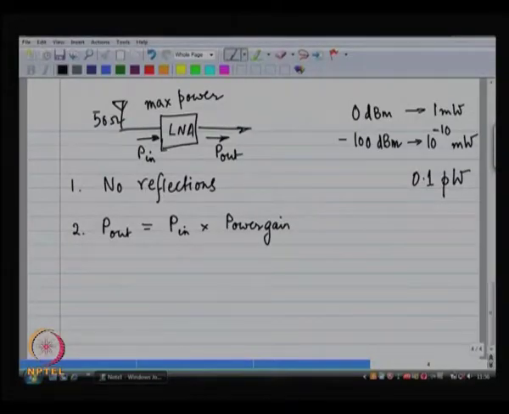We are talking about extremely low power levels over here. So, 0.1 picowatt, if this antenna is a 50 ohm antenna, then what this relates to, 0.1 picowatt is 10 power minus 13 watts is equal to V squared by 50 ohms.